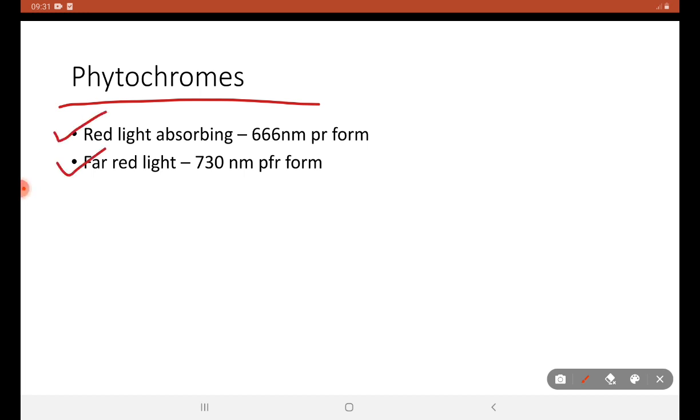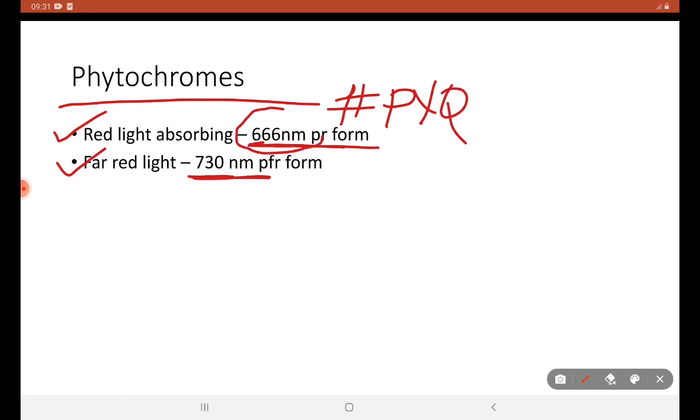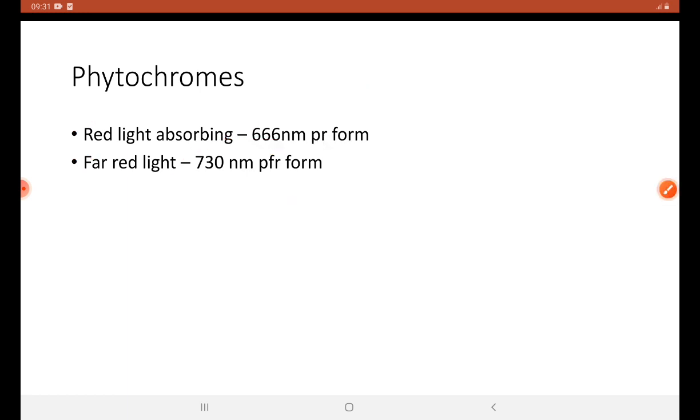One is red light absorbing at 666 nanometer, the PR form. Far red light absorbing at 730 nanometer, the PFR form. This is a previous year question.